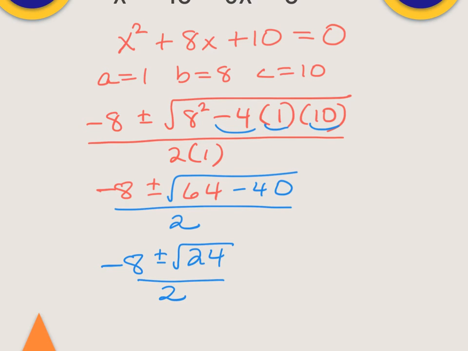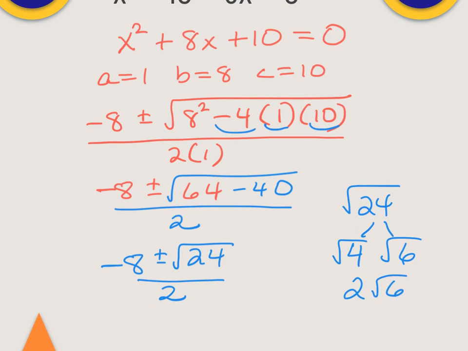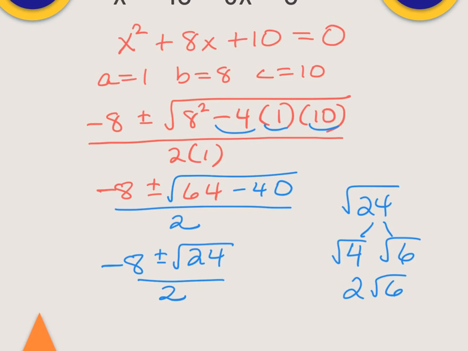Again, do not be tempted to try to simplify the negative 8 and the 2. Wait until after the radical is reduced or simplified. This can simplify into 4 times 6, so 2 radical 6. If you would have started with 2 times 12, you'd have to keep breaking it down till it was prime.